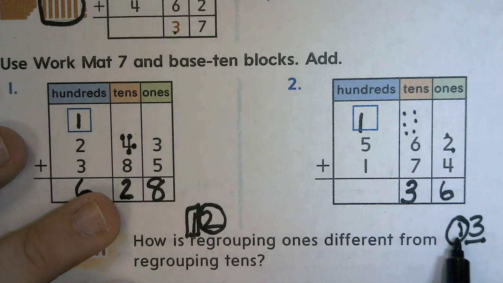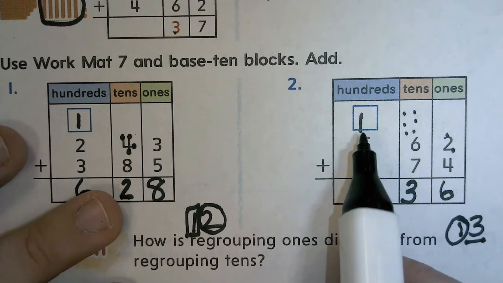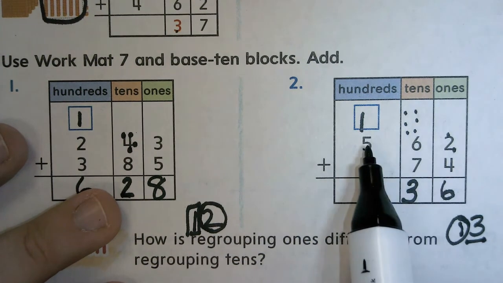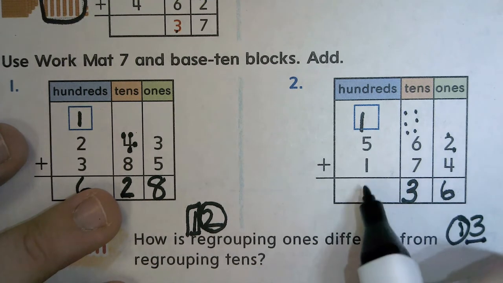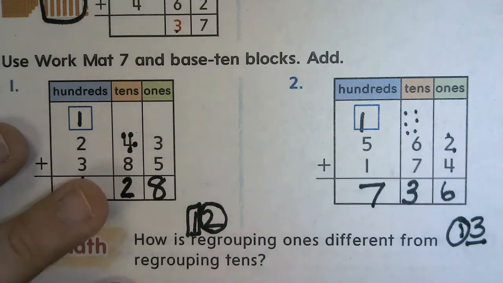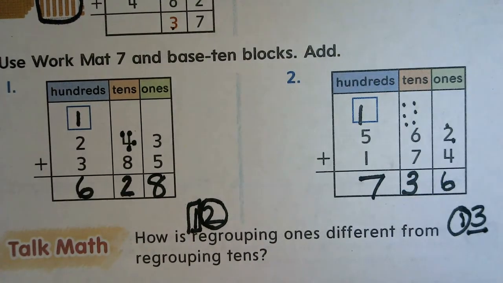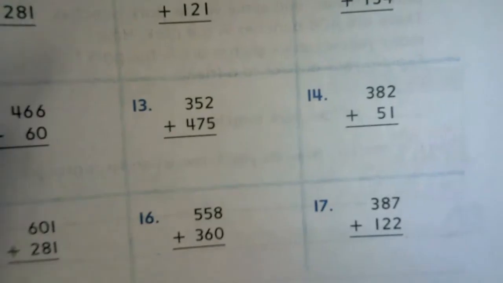I'm taking 10 tens and turning it into a hundreds flat. 5 plus 1 is 6, and 6 plus 1 is 7. So you should have had 736.